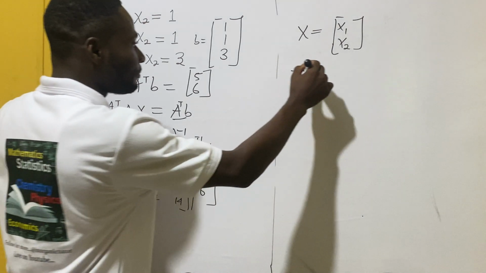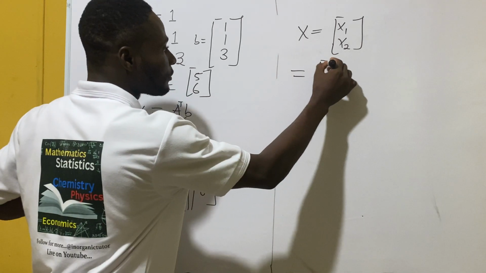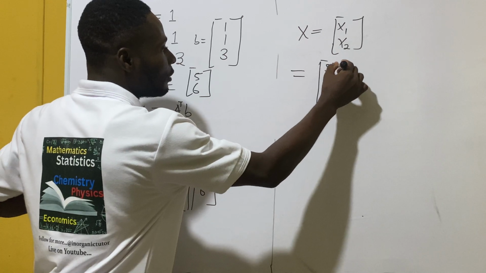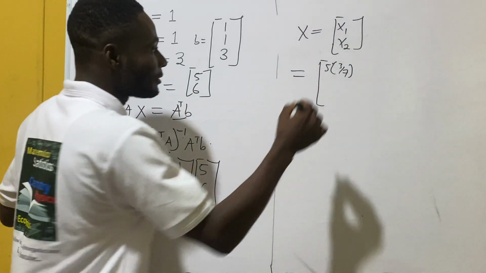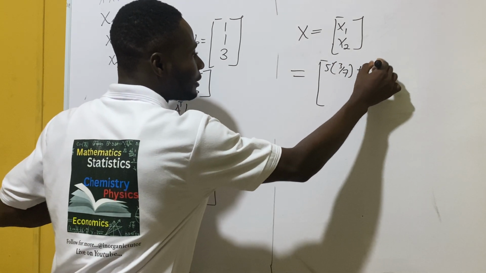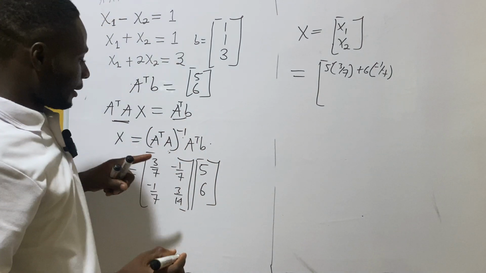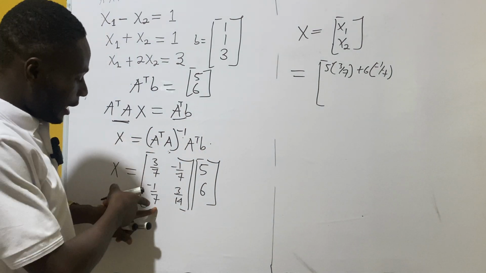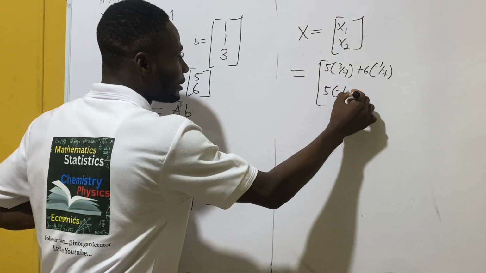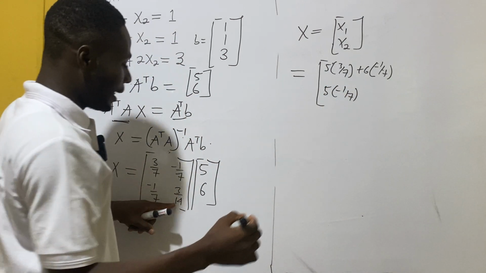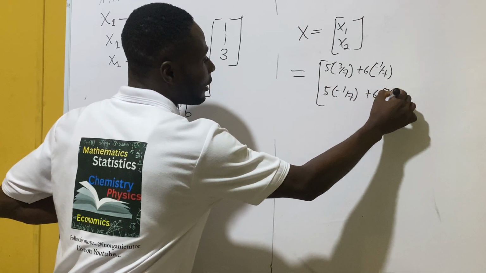So we're going to have 3 over 7 times 5 plus 6 times minus 1 over 7. Then we come down here, 5 times minus 1 over 7 plus 6 times 3 over 14, right?